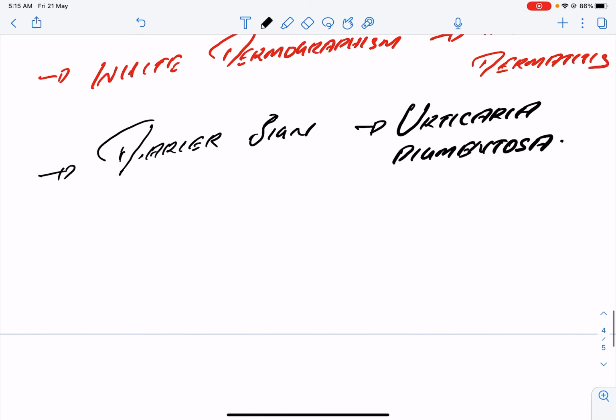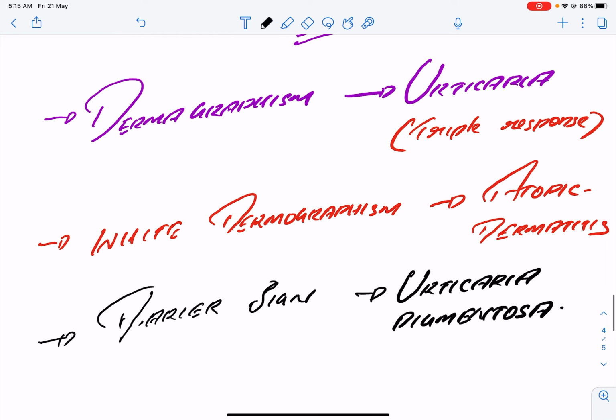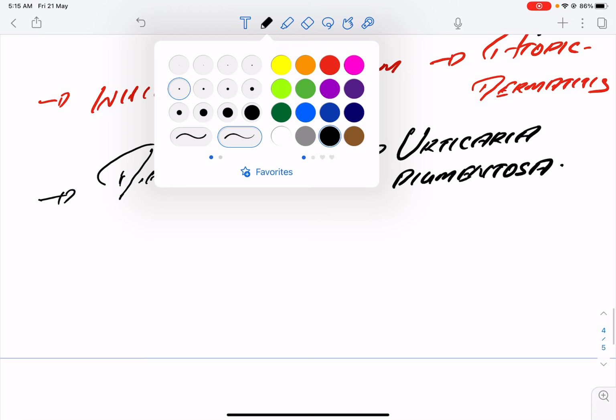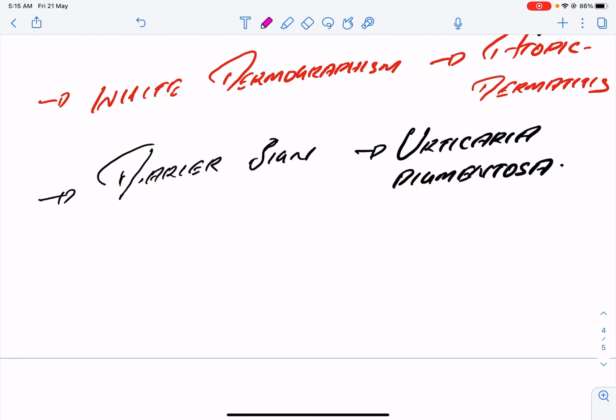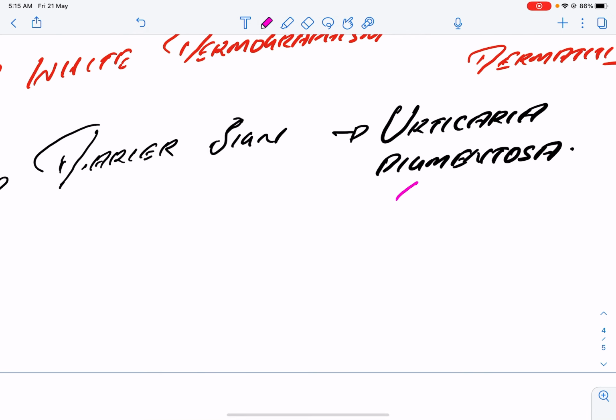And that is two. The white dermographism in atopic dermatitis is due to vasoconstriction. Remember, urticaria pigmentosa can happen because of cutaneous mastocytosis.